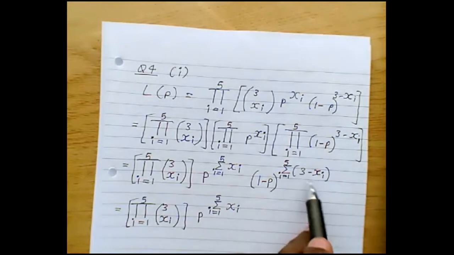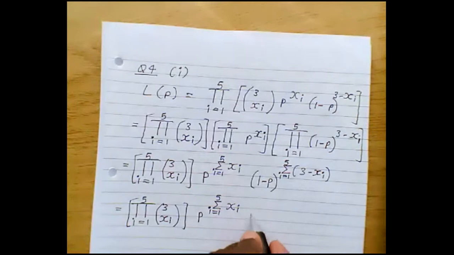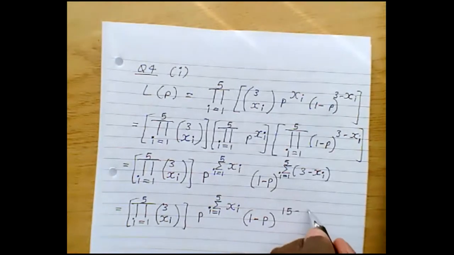If you simplify this, you should take the sum inside the brackets. You will get 1 minus p to the power of 15 minus the sum of xi, since the sum of 3 is 15.